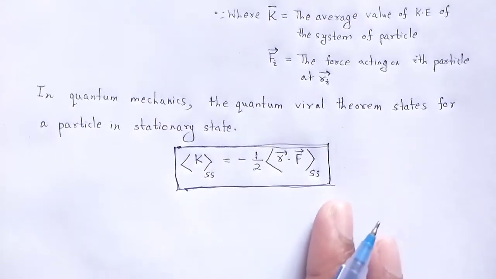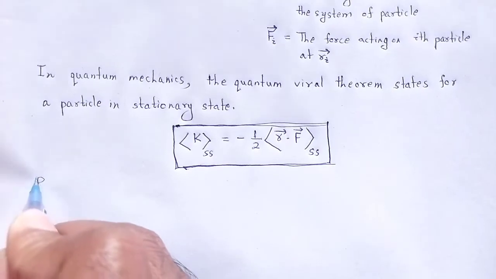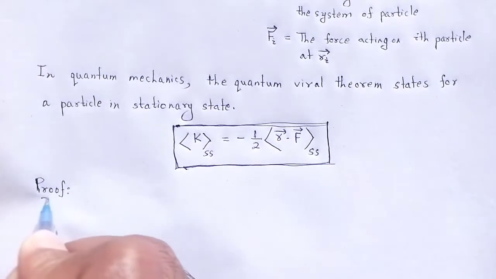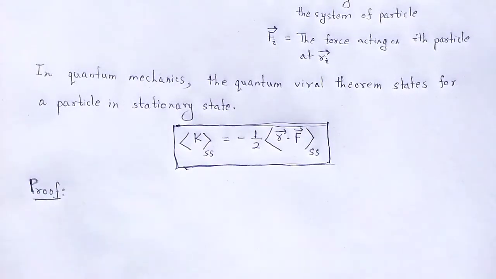Now we have to prove that. How to prove it? By using the concept of Heisenberg's equation of motion, or constant of motion, in quantum mechanics. What is Heisenberg's equation of motion in quantum mechanics?